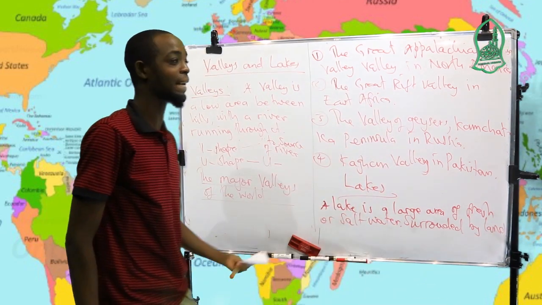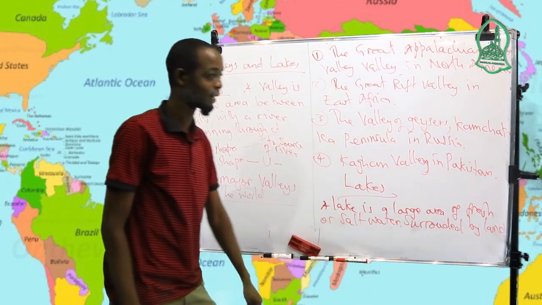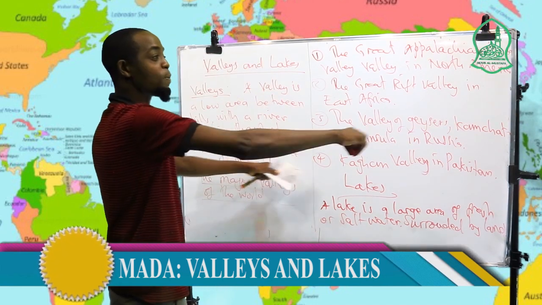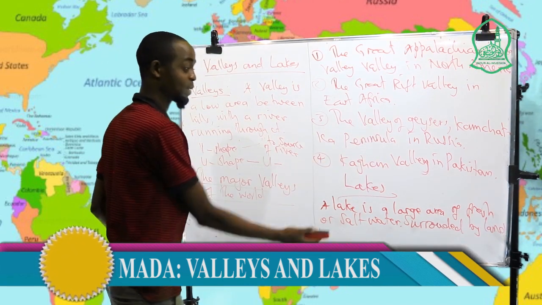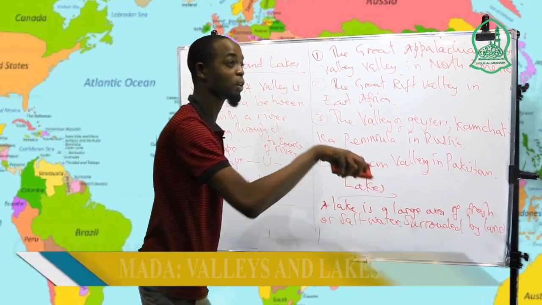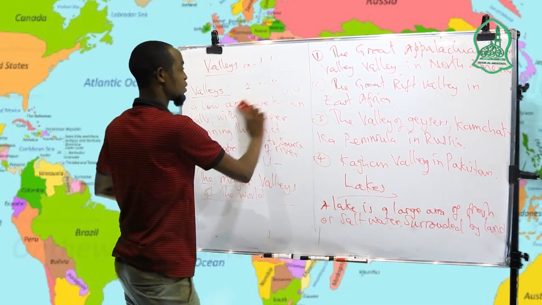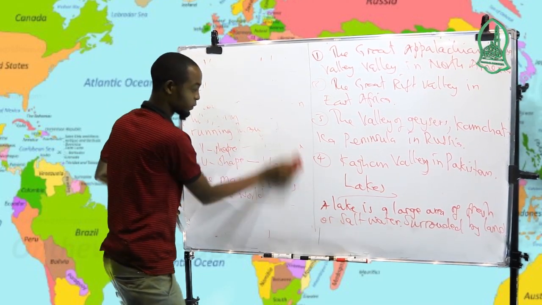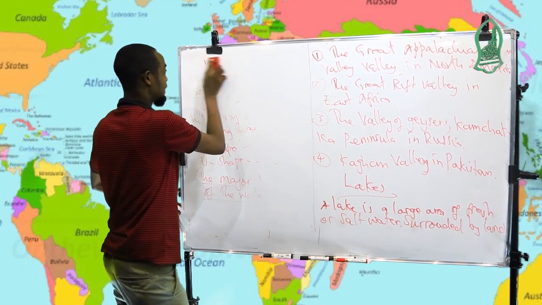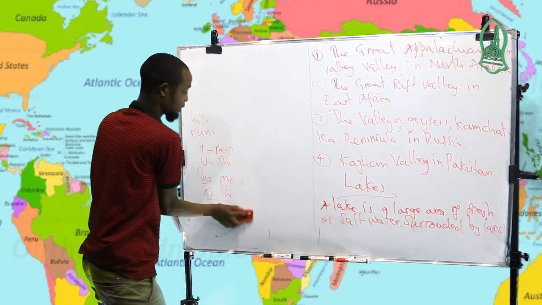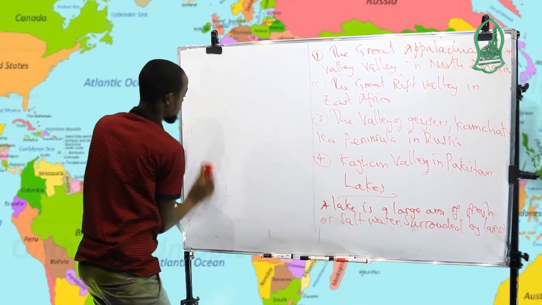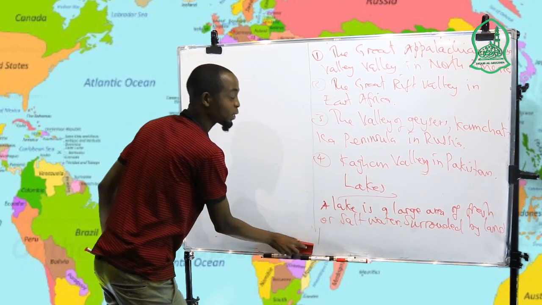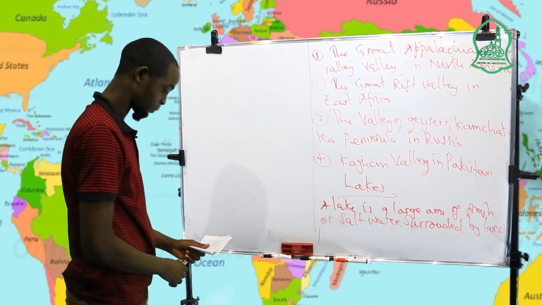We call this landlocked water. A landlocked body of water is blocked by the land. It means they are found on the continent, on the land, so they are not part of the ocean water.